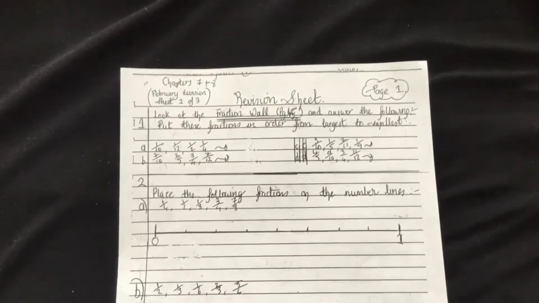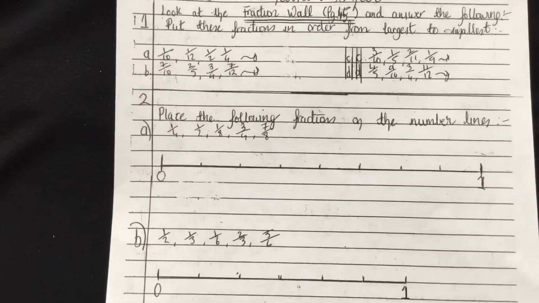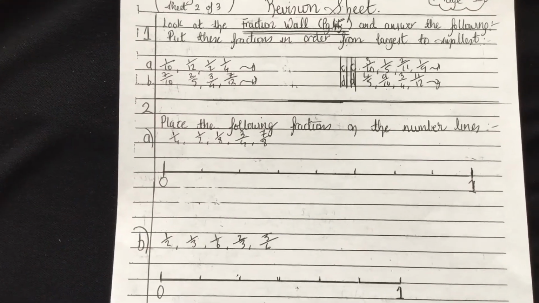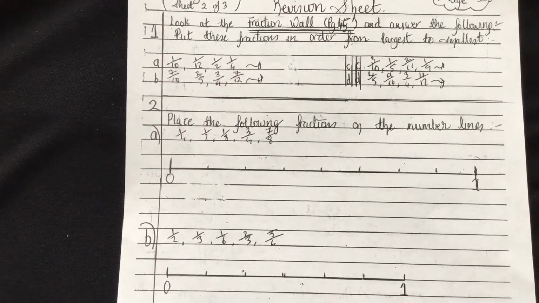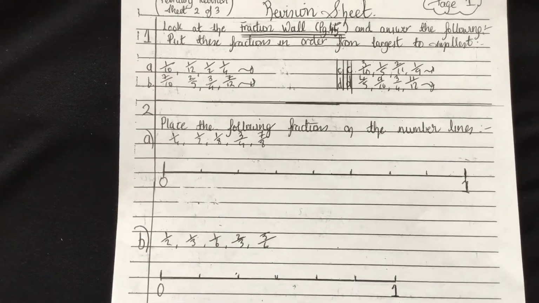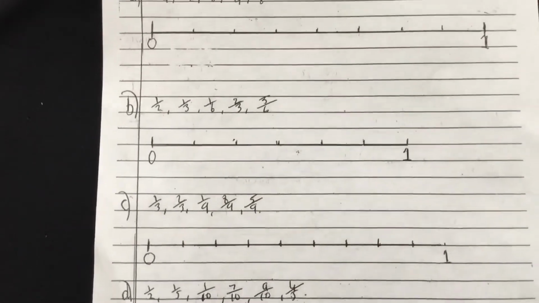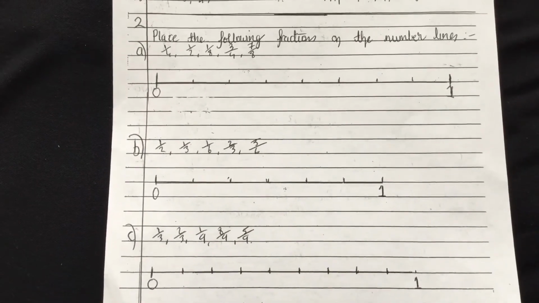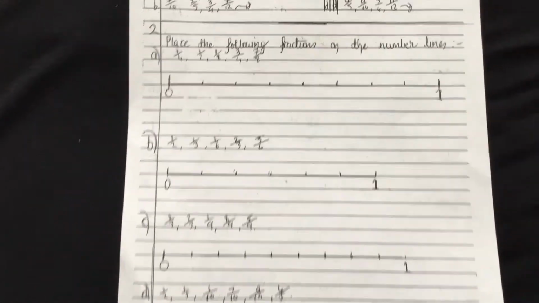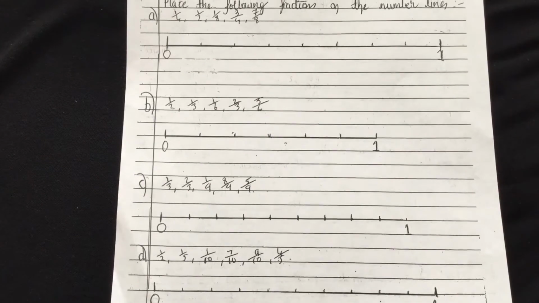They're fractions. Then if you go to 2B, you have to represent a half, a third, a sixth, 2/3, and 3 quarters there. 3 quarters, not 5 quarters. And then in C, a third, 2/3, 1 ninth, 8 ninths, and 5 ninths. And then in D, a half, a fifth, a tenth, 7 tenths, 9 tenths, and 4 fifths.